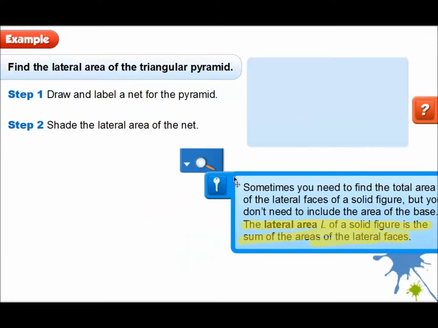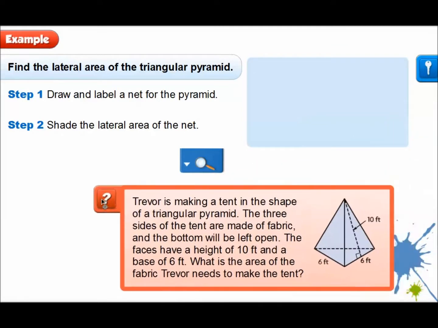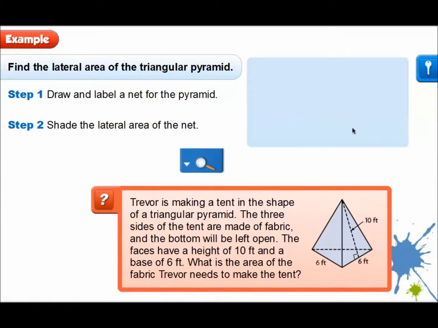Okay, now, first we want to draw and label the net. So if we look at our story problem here, we have this pyramid. I'm going to draw a net as best I can.